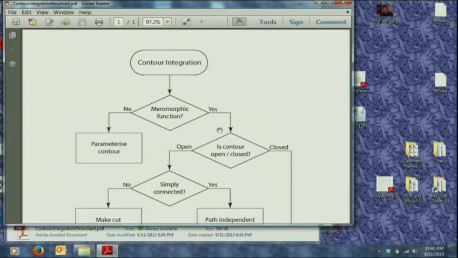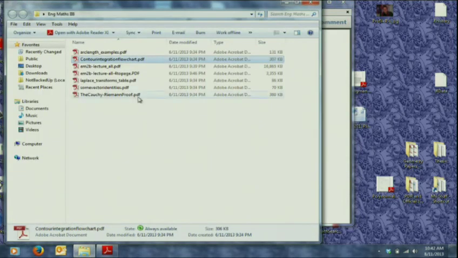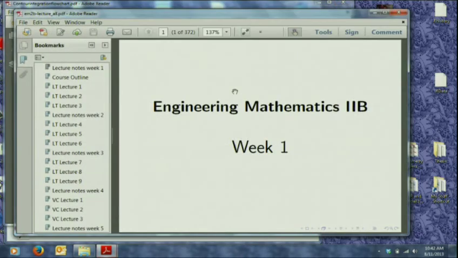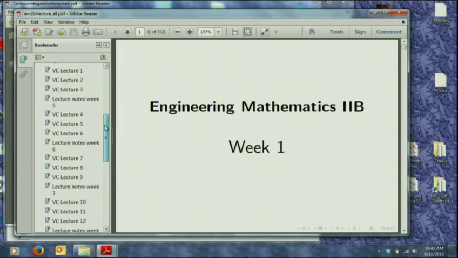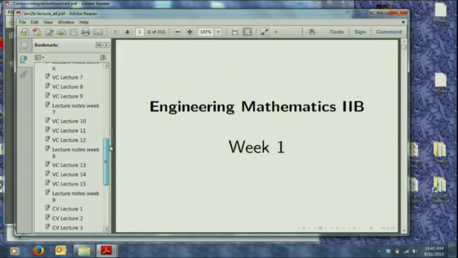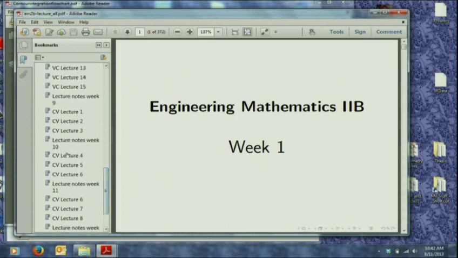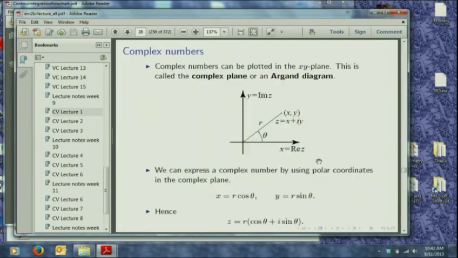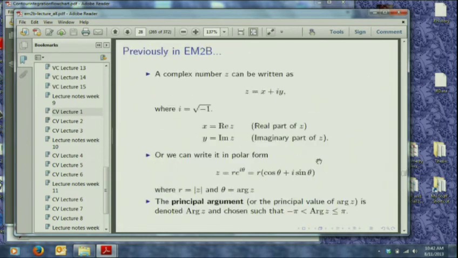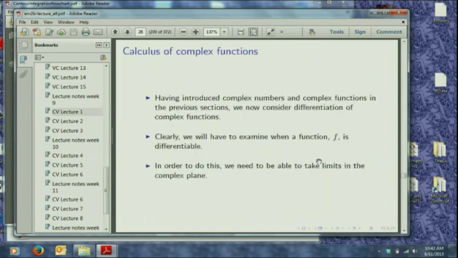Turns out the complex notes were even hard to find. Someone sent me the complex notes, and I put them all into one big file.